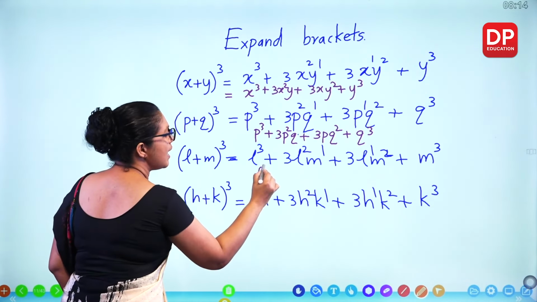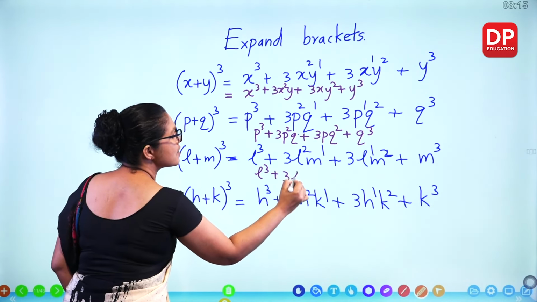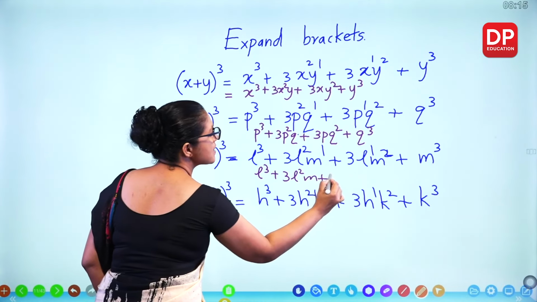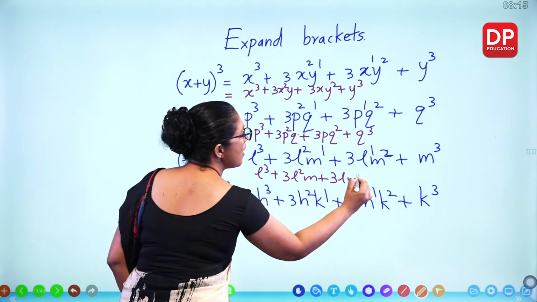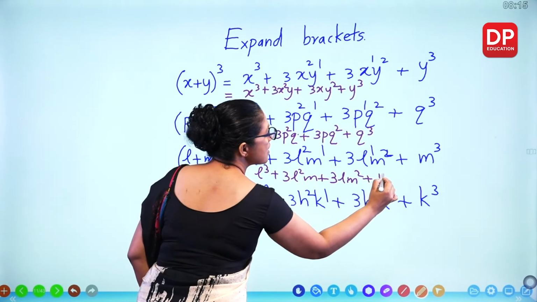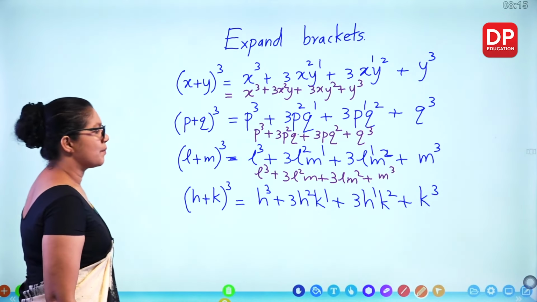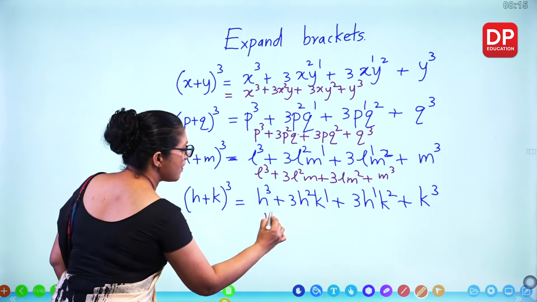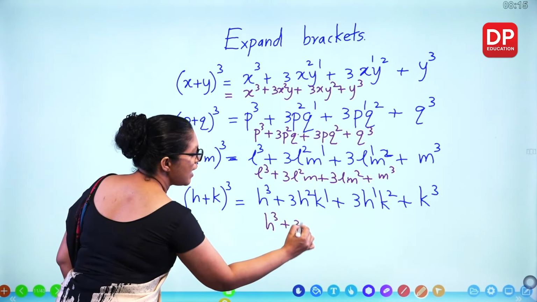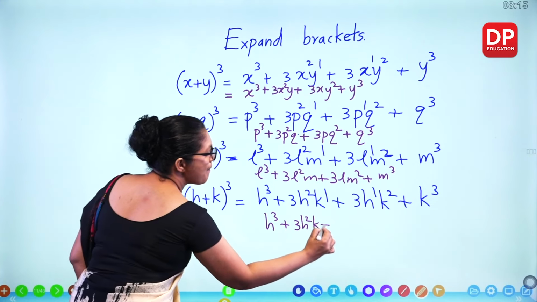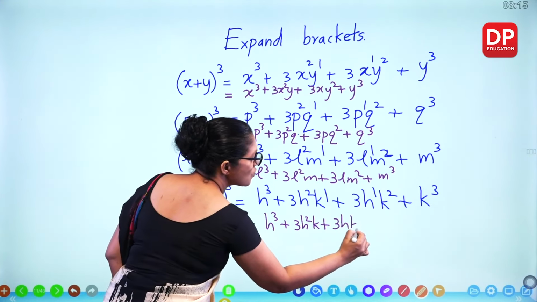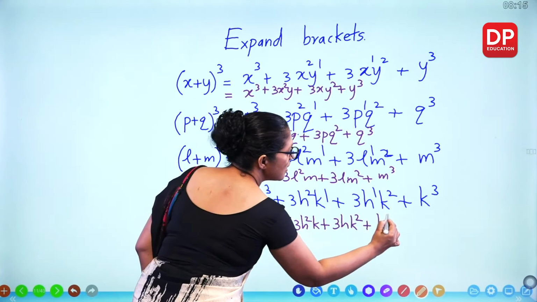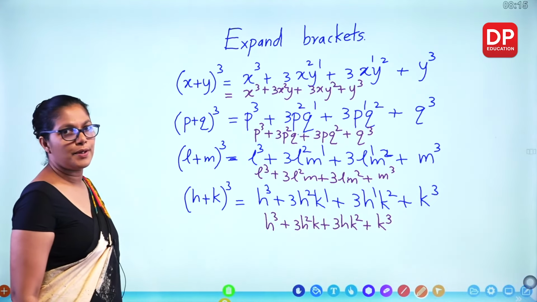This one L cube plus 3L squared m plus 3LM squared plus m cube. This one I can write h cube plus 3h squared k plus 3hk squared plus k cube.